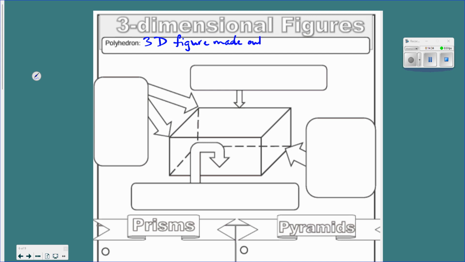The fact that it's polygons means that they've got to be enclosed. So a polyhedron is a 3D figure made out of polygons. In other words, it's a regular shape that I can actually make and it's bounded on all sides.